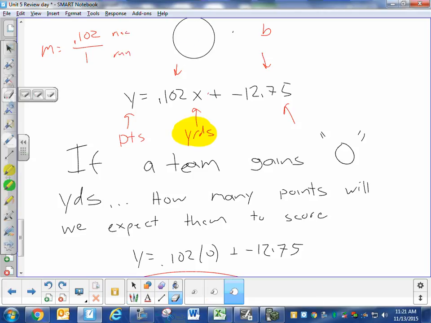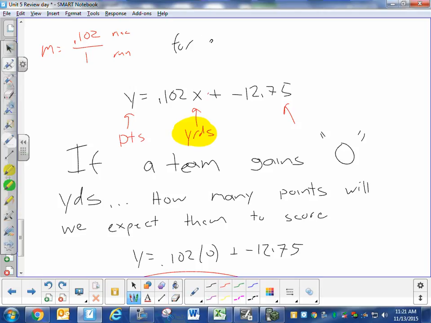What you can do now is to interpret this slope. You would say, for every one increase in x, we are going to increase by 0.102 for my y.